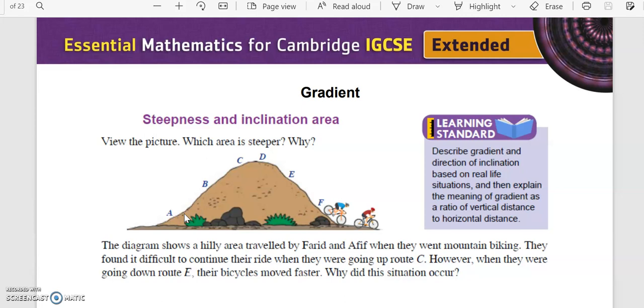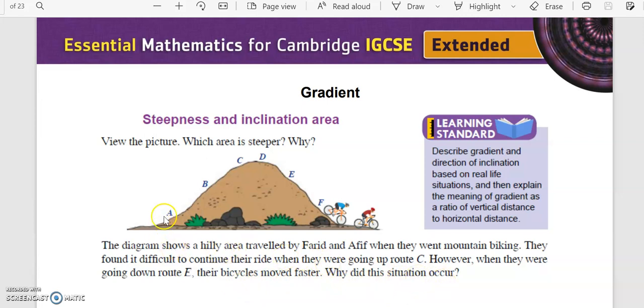Okay, so this diagram shows a hilly area traveled by Farid and Afif when they went mountain biking. They found it difficult to continue their ride when they were going up Route C. However, when they were going down Route E, their bicycle moved faster. Why does this situation occur?